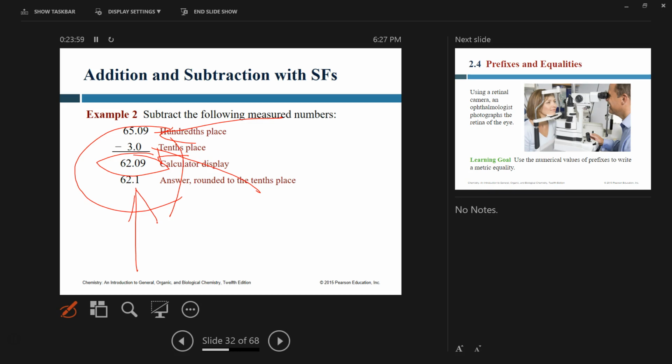What's the answer? How many decimal places is the answer going to have? That makes sense? Or I give you multiplication or division. How many significant figures is the answer going to have? Good? Of course, if you want to use a calculator, you're allowed to use a calculator. Okay? Deal?